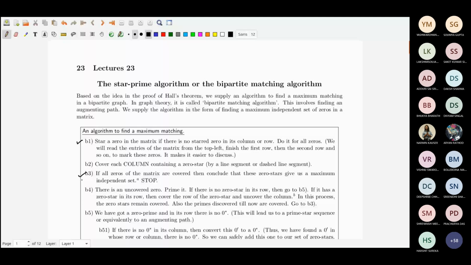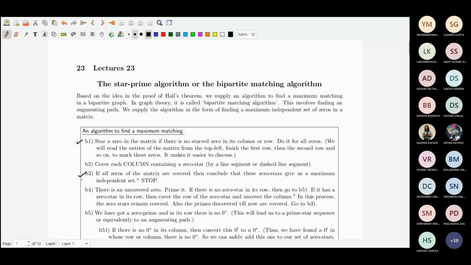It keeps on repeating. Okay, every time you get a zero prime, it will be asking this question whether there is a 0 star in its row. If there is one, then it will uncover its column and cover its row. And since in the beginning you had only finitely many 0 stars, at the best n number of, right? You only had some finitely many 0 stars, and therefore in the beginning you only had finitely many 0 columns.